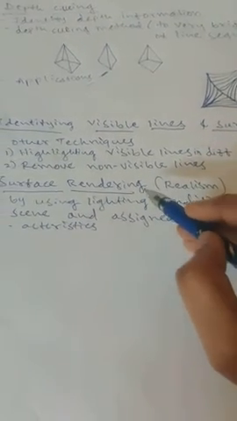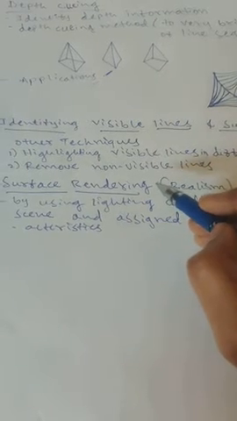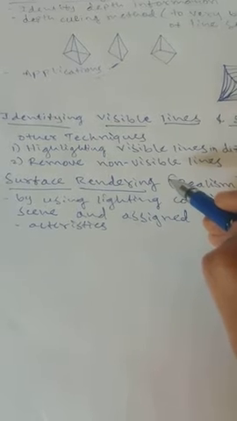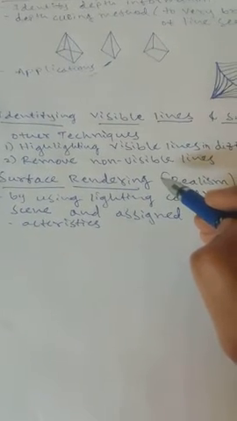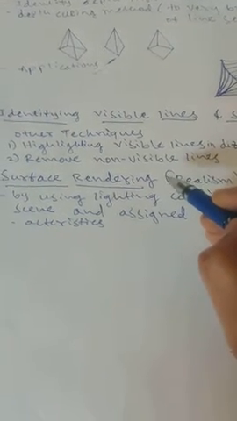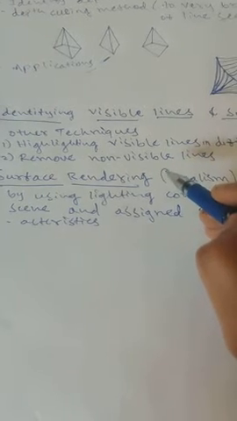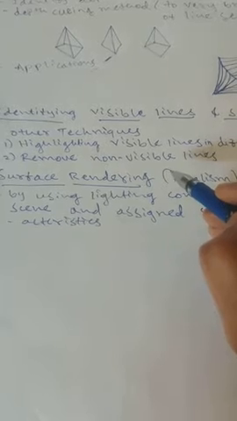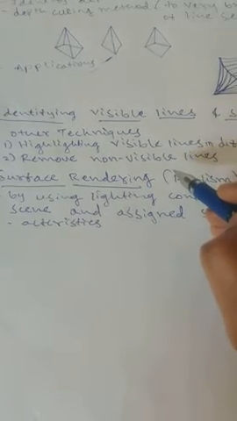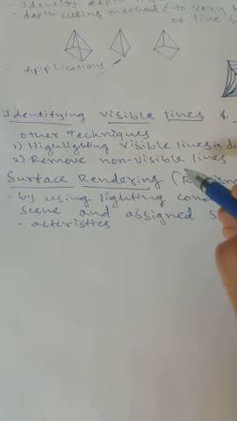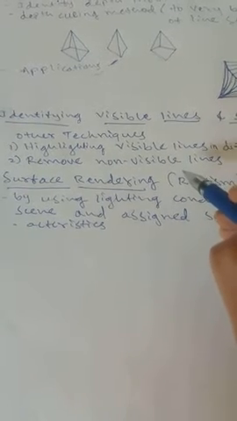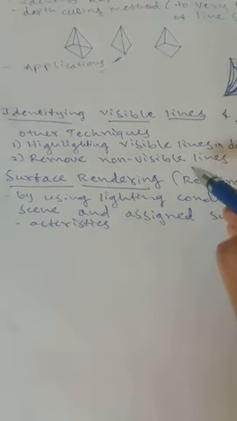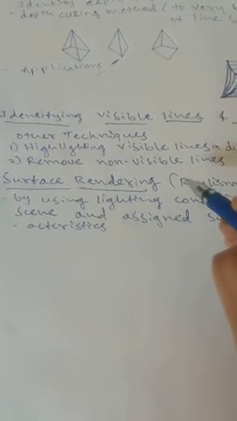The next important method is surface rendering. This technique is basically used for generating a realistic view of a scene. Here the back parts of the objects are completely eliminated so that only the visible surfaces are displayed, and the surface rendering procedures are applied so that the screen pixels contain only the color patterns for front surfaces.